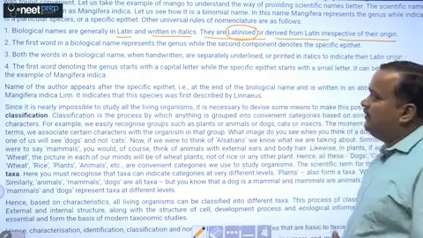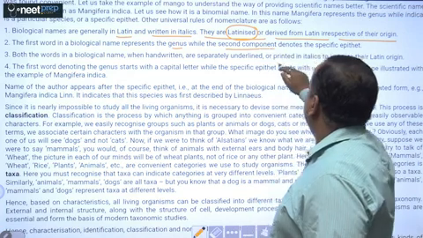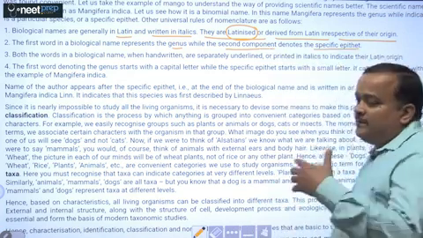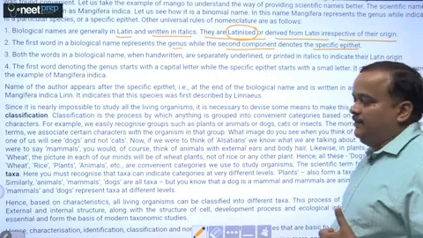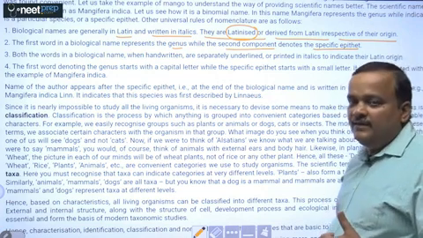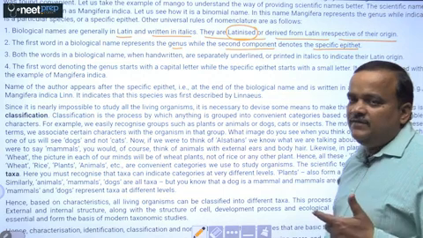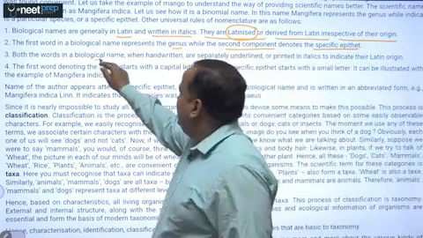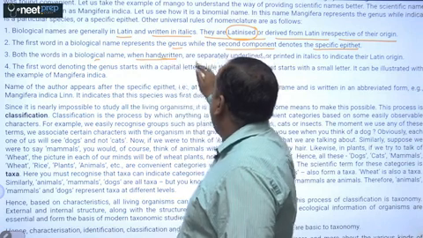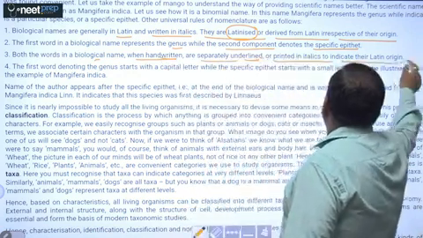Now the second rule is the first name represents the genus while the second component denotes the specific epithet, that is Mangifera indica. So the first name is of the genus and the second name is of the species, and always the name of the genus starts with a capital letter and the name of the species starts with a small letter. Next rule, both words of a biological name when handwritten are separately underlined or printed in italics to indicate their Latin origin.